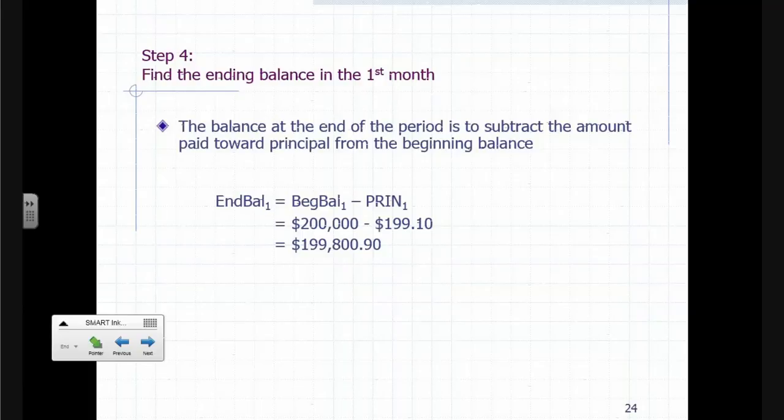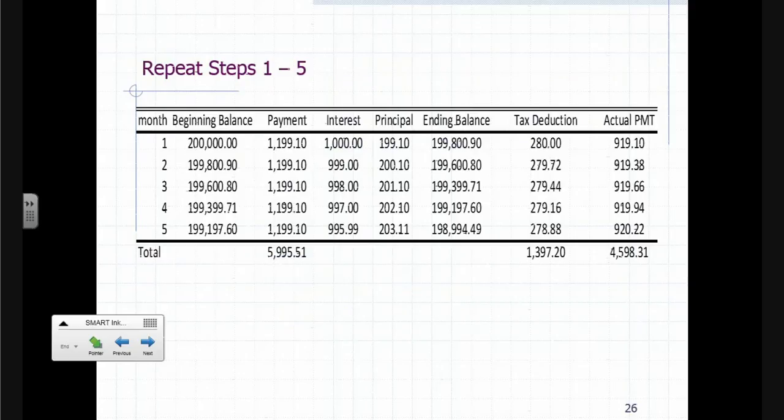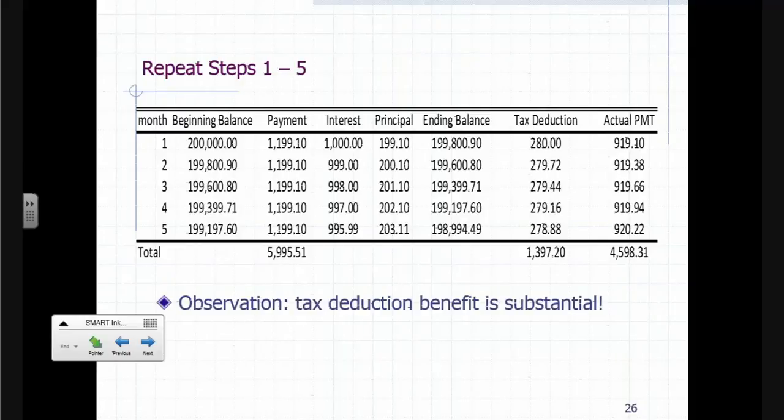Okay, so now I move on and do the same thing. This I need to calculate from Excel, and I will show you in a minute. So now you borrow $200,000 and you pay this amount every month. The interest portion is the beginning balance multiplied by the monthly interest rate.